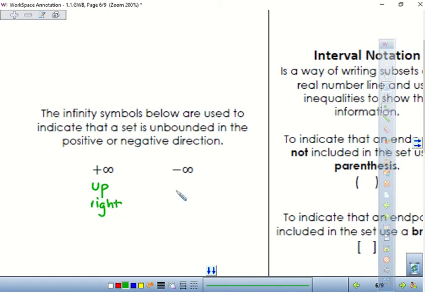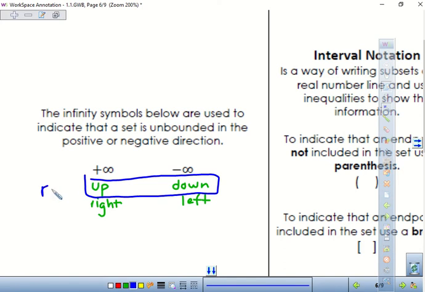And negative infinity corresponds with down and left, okay? These ones here, up, down, have to do with the range. And right, left, what do you think they go with? Domain. Okay. So you don't have to write that, but it's just a little bit of a tip.